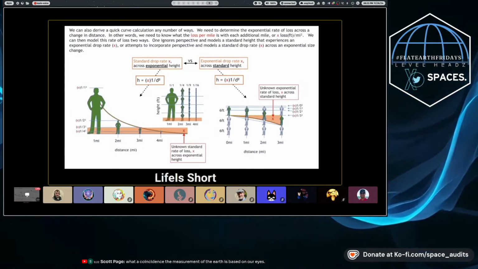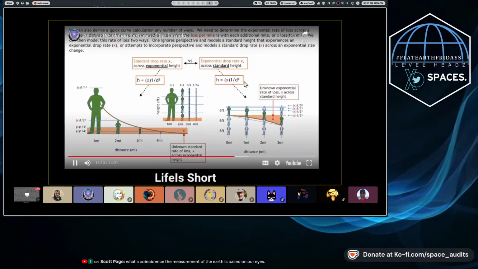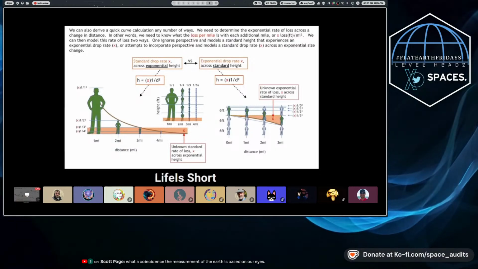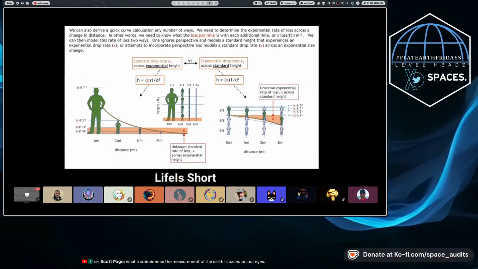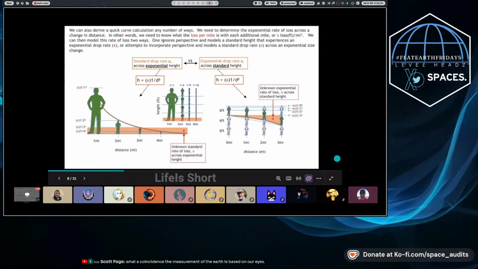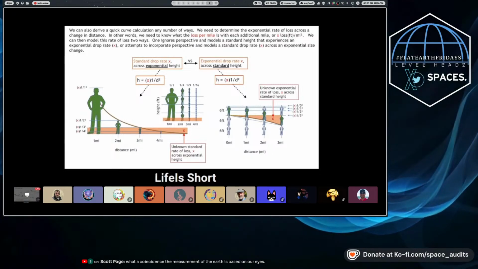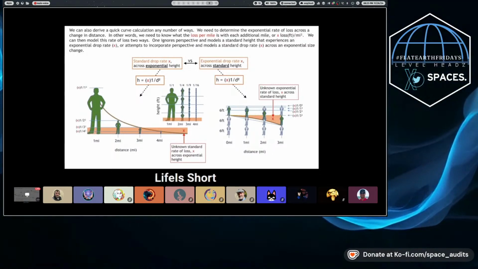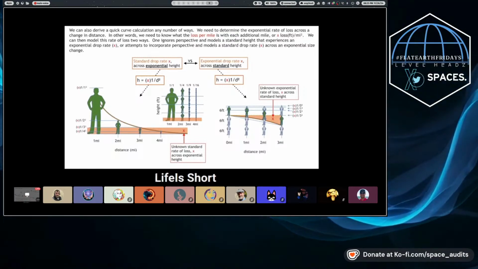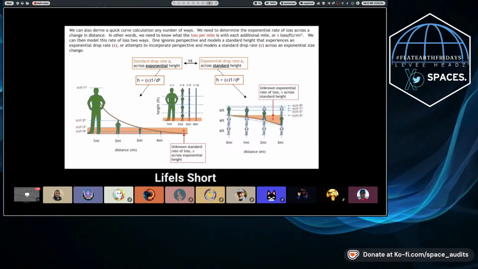One ignores perspective and models a standard height that experiences an exponential drop rate, or attempts to incorporate perspective and models a standard drop rate across an exponential size change. So here we have our two possible ways to model this, but the same equation. You have a standard drop rate x across an exponential height change, which you could then place into perspective to view something getting smaller with distance and parts of it getting cut off with that distance.